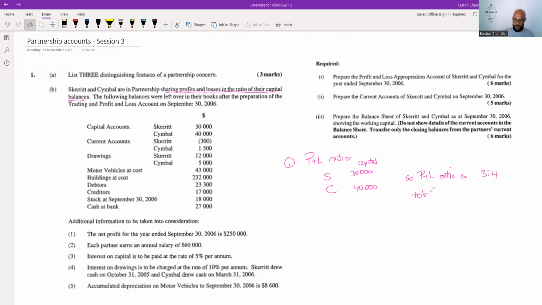Total parts for a denominator is 3 plus 4, which is 7. So the P&L ratio for S and C is going to be 3/7 and 4/7. So that's what I get from that line alone. So you put that in your working one time. You okay with that?